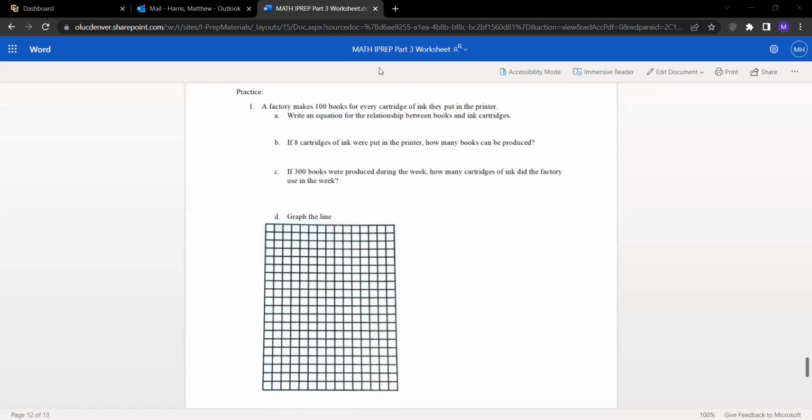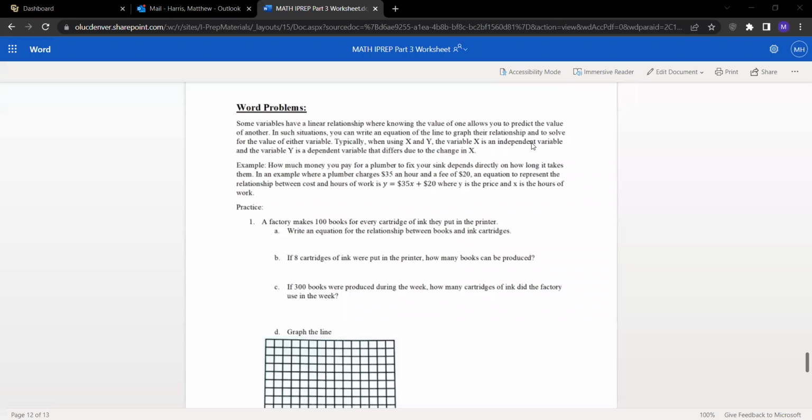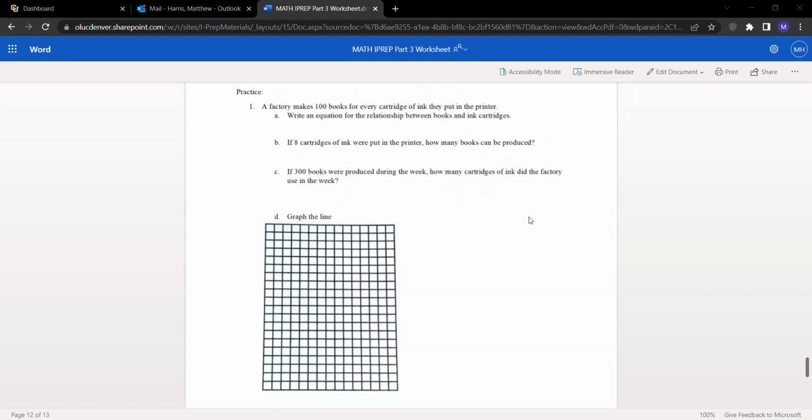So here's the problem that we get to work with. A factory makes 100 books for every cartridge of ink they put in the printer. Write an equation for the relationship between books and ink cartridges. As we talked about earlier, x is going to be our independent and y is dependent. If every cartridge makes 100 books, that means your cartridge is going to be your independent.